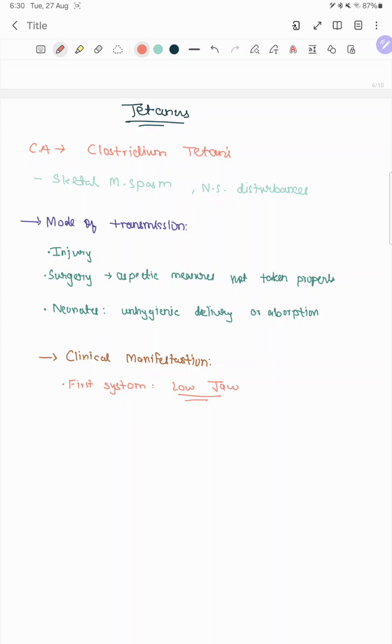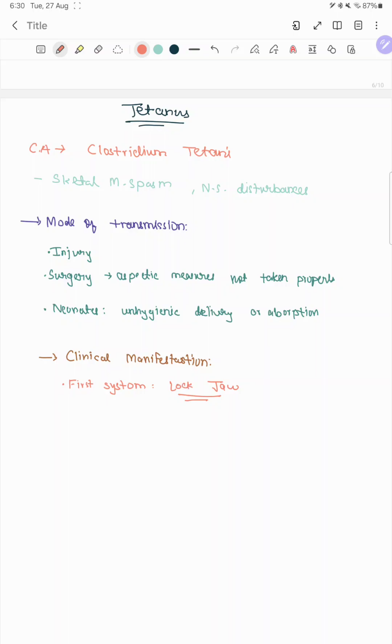This is the first symptom which you will see in patients when they come into your clinics. Sorry, it's not low jaw, it's lockjaw.